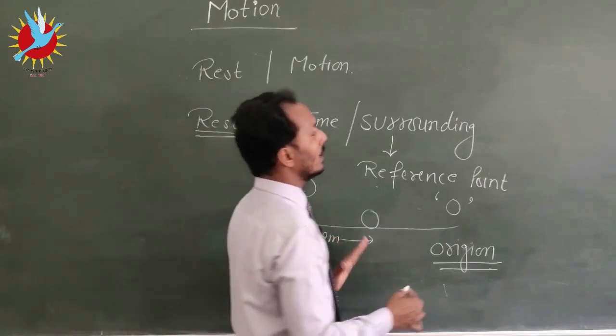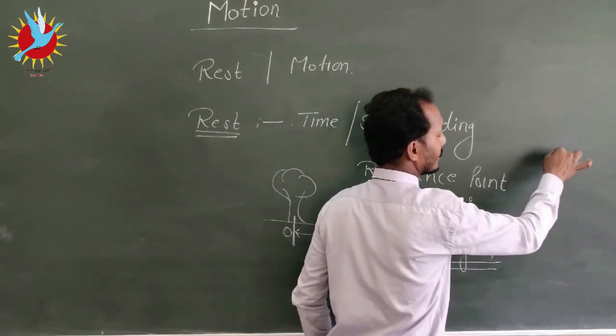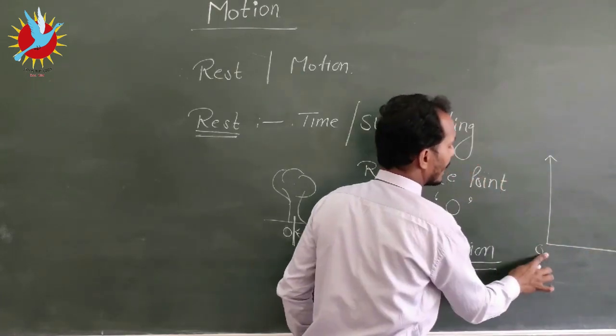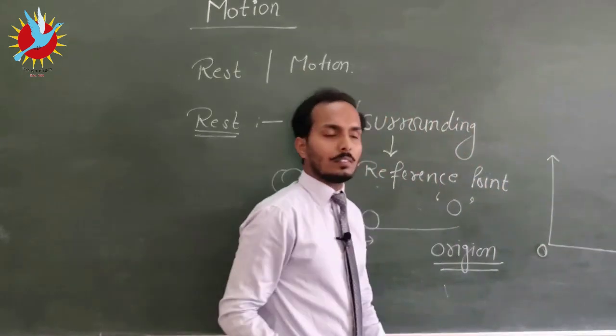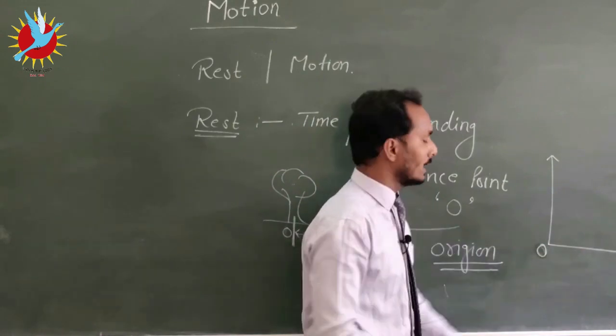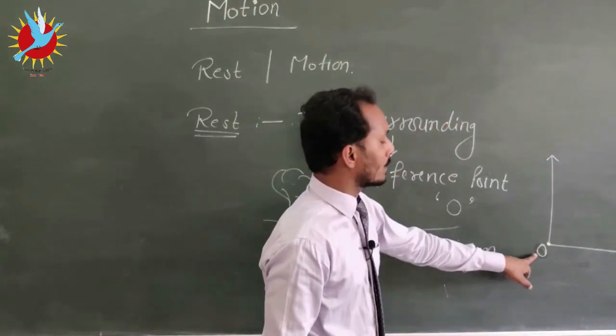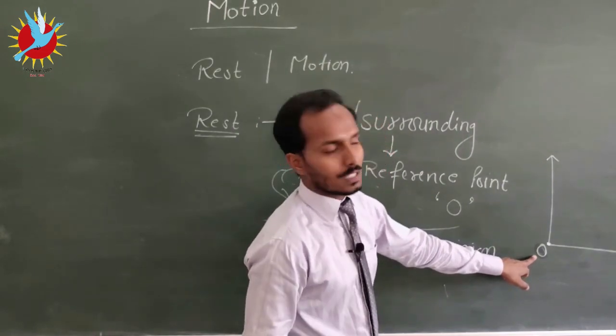For example, when we draw a graph in mathematics with coordinates, this point is the origin or reference point.